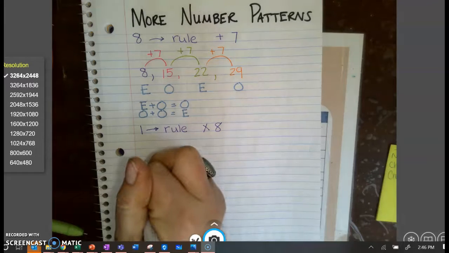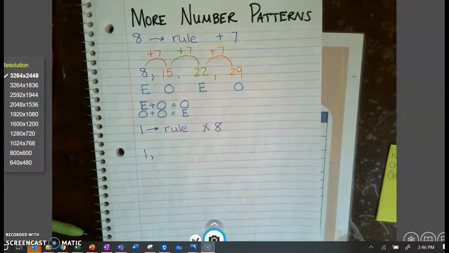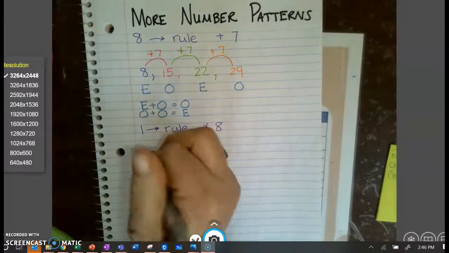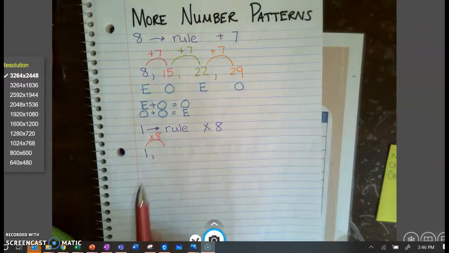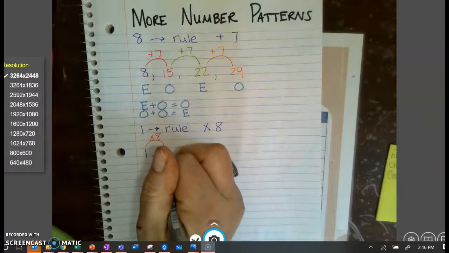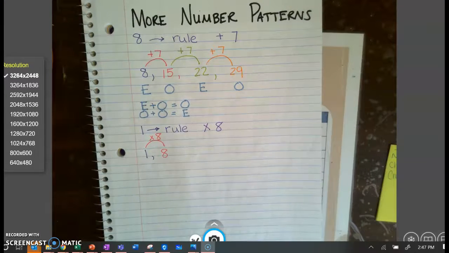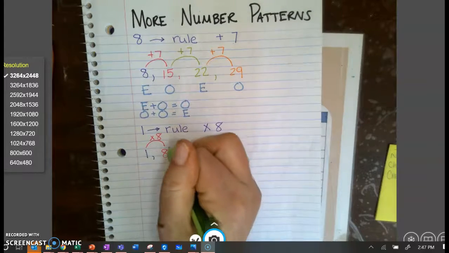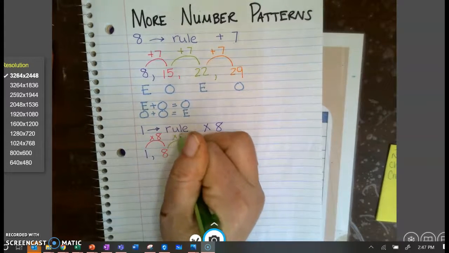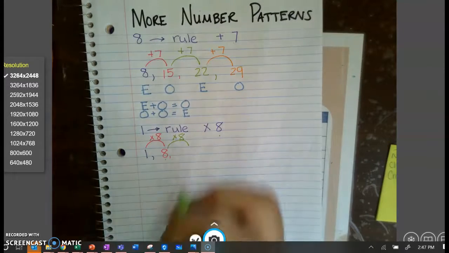Okay, so I'm going to start with the number 1, and I'm going to follow my rule, times 8. 1 times 8 is 8. Okay, now I'm going to go 8 times 8. 8 times 8 is 64.